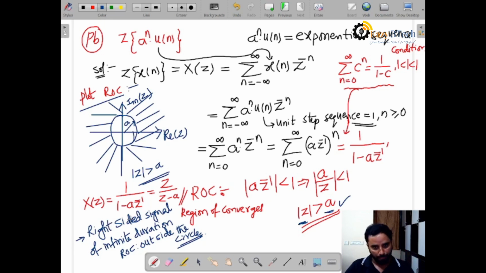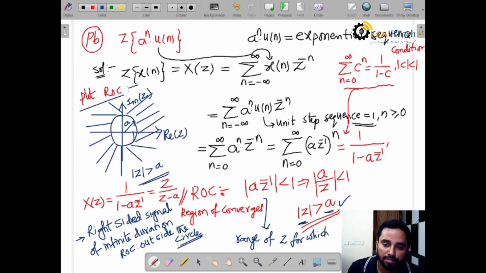Actually, the meaning or definition of ROC is the range of z for which the z transform converges, or the z transform exists.